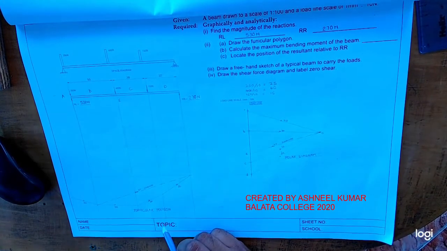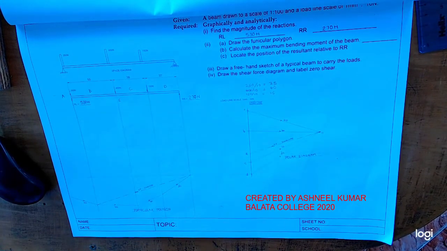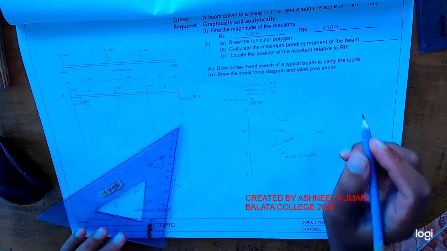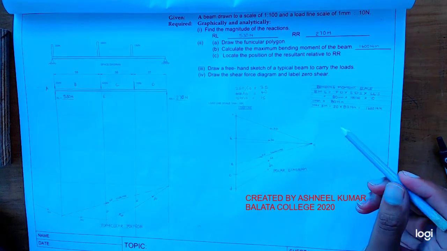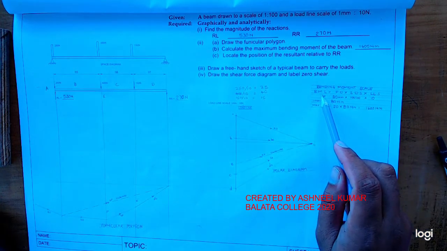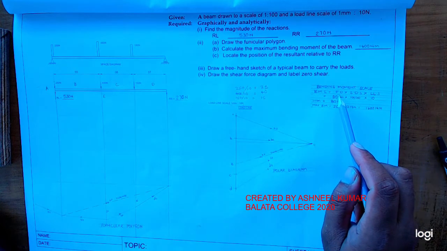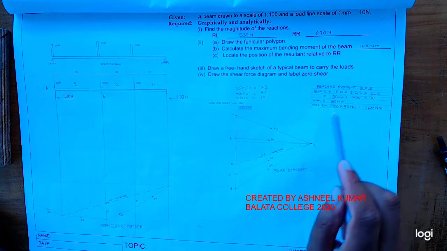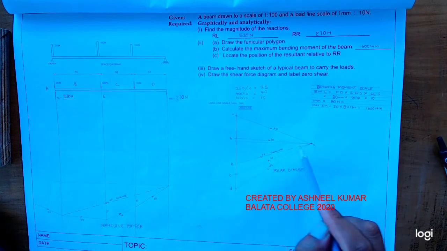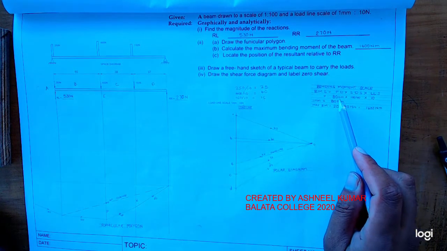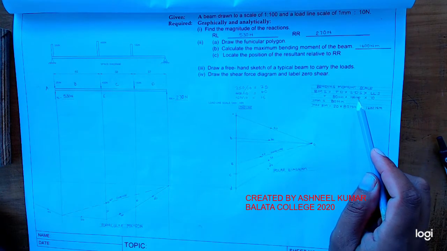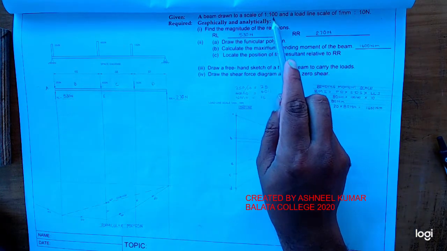Right, so funicular polygon already done. Now to get the maximum bending moment, for that we have to first find the bending moment scale. So here's my bending moment calculation. First of all, you have to find the bending moment scale. That will be PT, polar distance, which is the perpendicular distance from here to there, and that comes to 80 mm. Then your space diagram scale, which is 1:100.